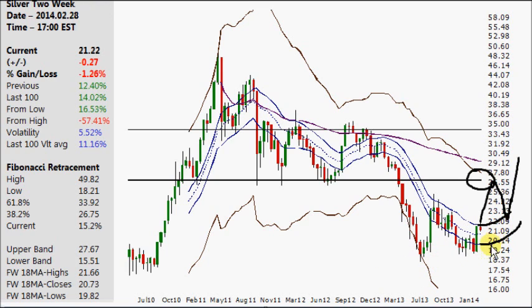And if this level supports in here, the low 18s, that'll be key if it does end up going down towards that, because if it does, then you'd be talking about testing new lows, which would be in the $16, $14 area. Don't think that's going to happen, but you never know, as these markets have been known for being manipulated, and the manipulators are maybe still able to do what they're doing.